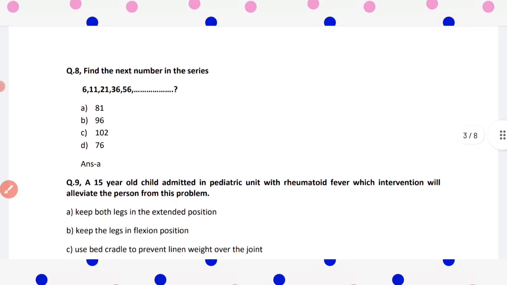Next one, find the next number in the series. So they are asking the next number. They have given 6, 11, 21, 36, 56, and they are asking the next number. Here we have to check the connectivity of each and every number. For example, you have to do what?